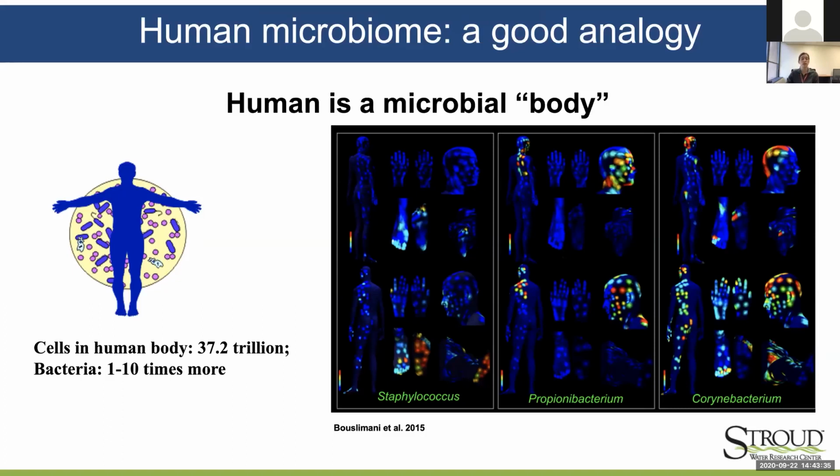We have 37.2 trillion of our own cells, but bacteria cells on our bodies and in our bodies are almost 10 times greater. And where are these microorganisms? They can be on your skin, in your mouth, your stomach, your intestine, where they're helping you digest. And these bacteria also have distributions on each individual and change over time as you grow from baby to adult, and also change in location.